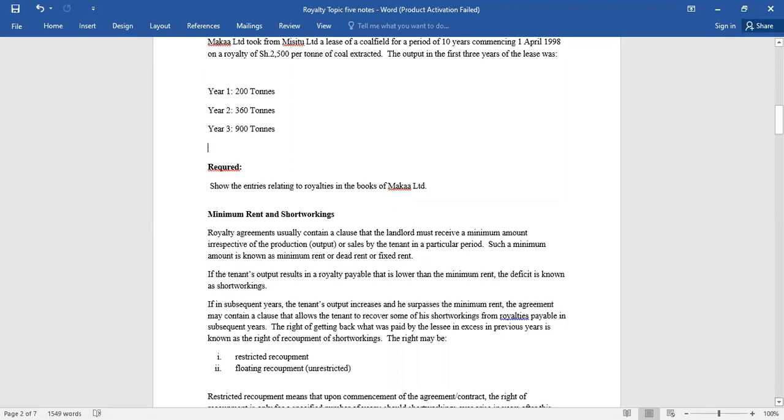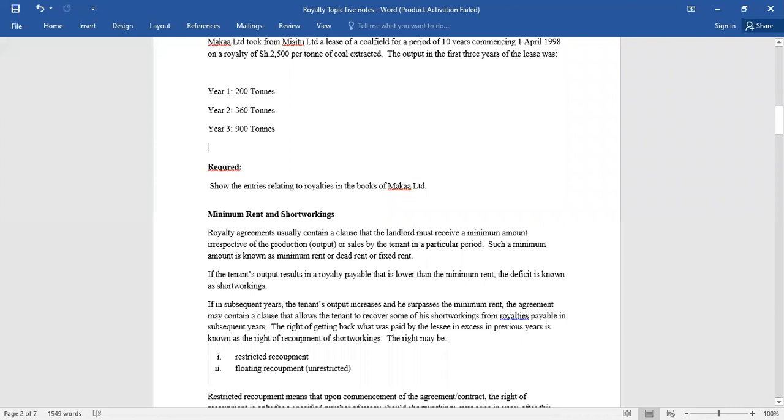So you'll find that royalty agreements usually contain a clause where the landlord agrees to receive a minimum amount of money because we don't know what we are exploiting, whether it is there or not there. It's like we are entering into a forward contract without knowing what the future holds for us.